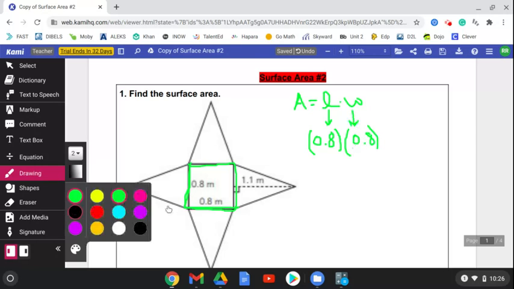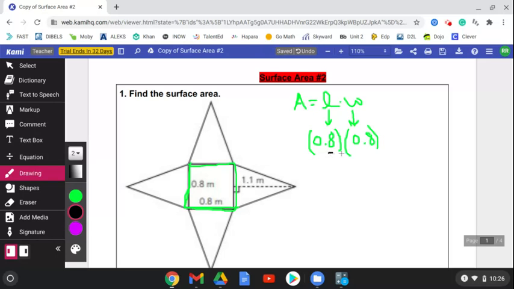All right, now what's 0.8 times 0.8? Well, you know 8 times 8 is 64, right? Because of your fact fluency. And you have 2 digits after the decimal. And so in your answer, you should have 2 digits after the decimal. So this would be 0.64. That is the area of the square.